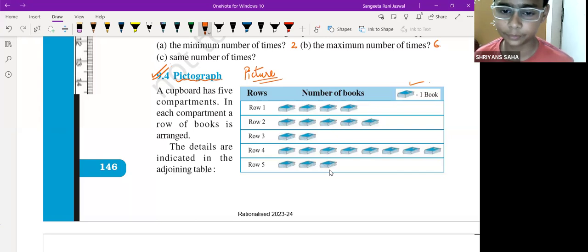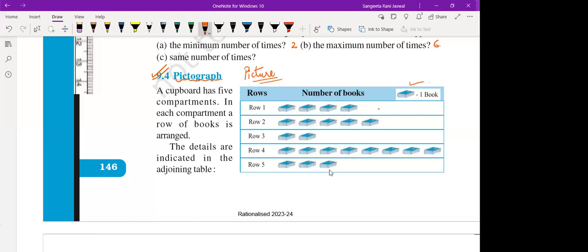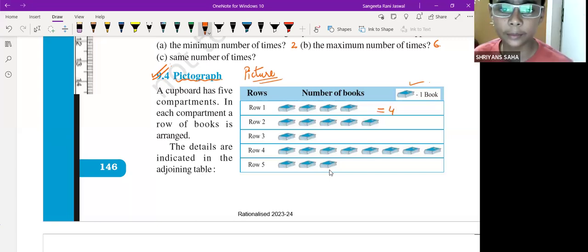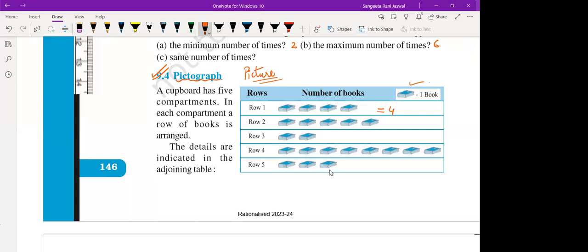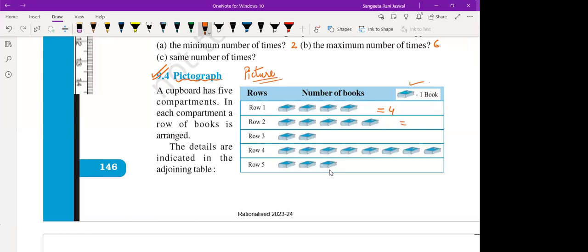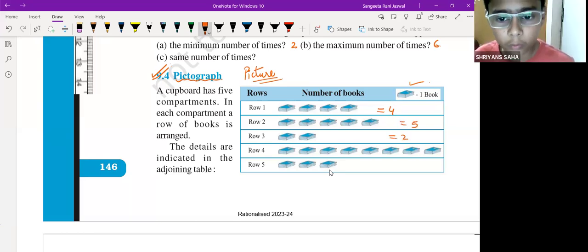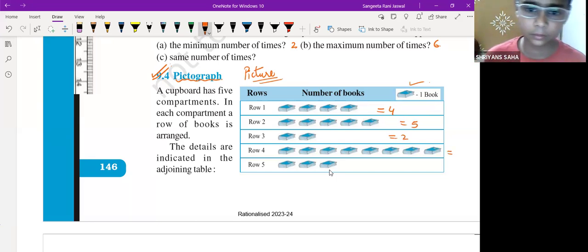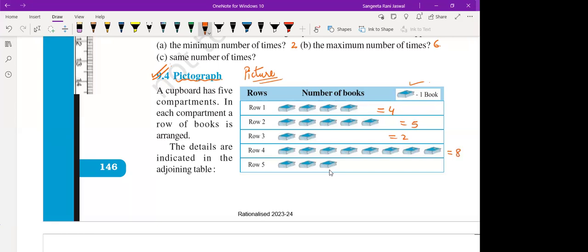As you can see, in row 1 we have 4 books. Okay, so I should write 4 here. Then row 2 has 5 books. Row 3 has 2 books and row 4 has 8 books. Okay, next.